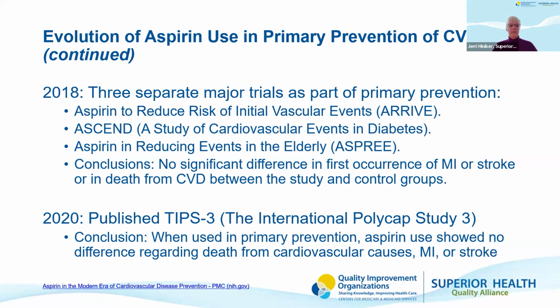Then in 2018, there were 3 separate trials conducted: the aspirin to reduce risk of initial vascular events, or the ARRIVE trial; the ASCEND trial, which is a study of cardiovascular events in diabetes; and the ASPREE trial, or aspirin in reducing events in the elderly. These 3 trials occurred in 2018 because they were starting to question the use of aspirin in primary prevention.